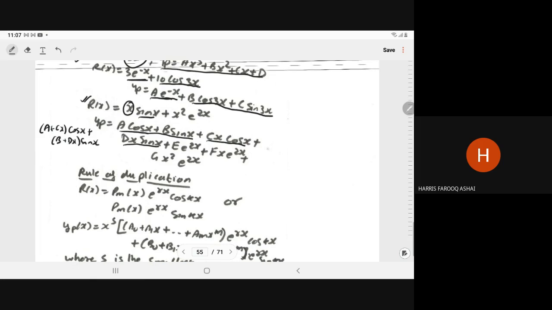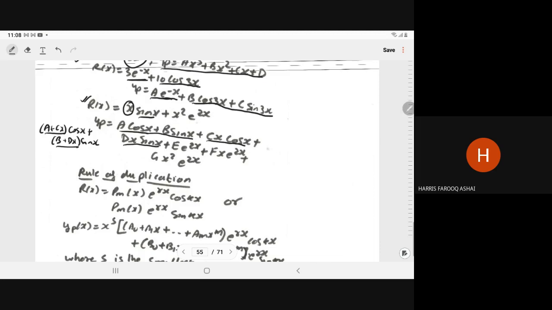Corresponding to sin x, we have some constant into cos x plus some constant into sin x. Due to the multiplication by x, we multiply with the polynomial: A plus Cx, B plus Dx.